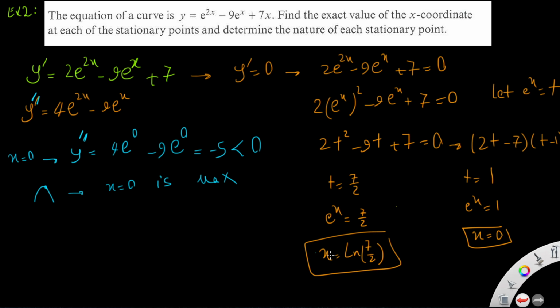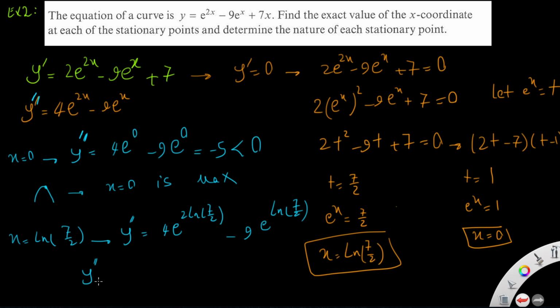For the second one, if x is ln of 7 over 2, the second derivative will be 4 e to the power of 2 ln of 7 over 2, minus 9 e to the power of ln of 7 over 2. The 2 will go inside as the power.